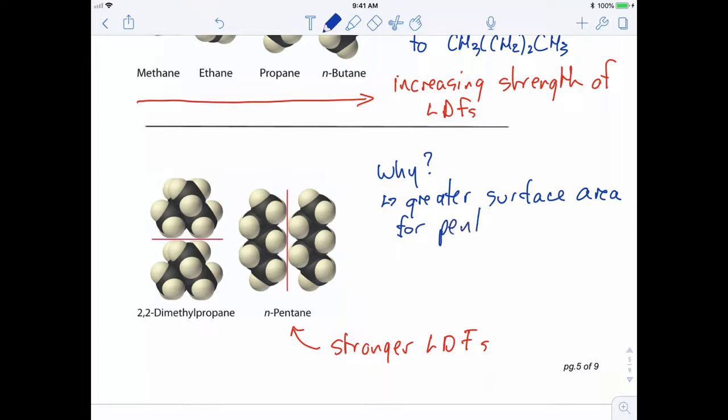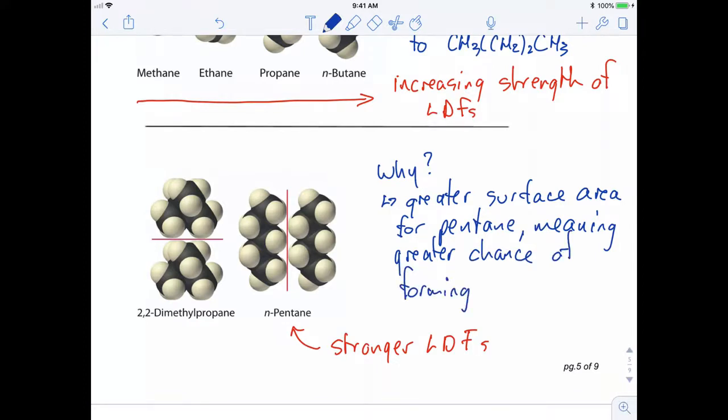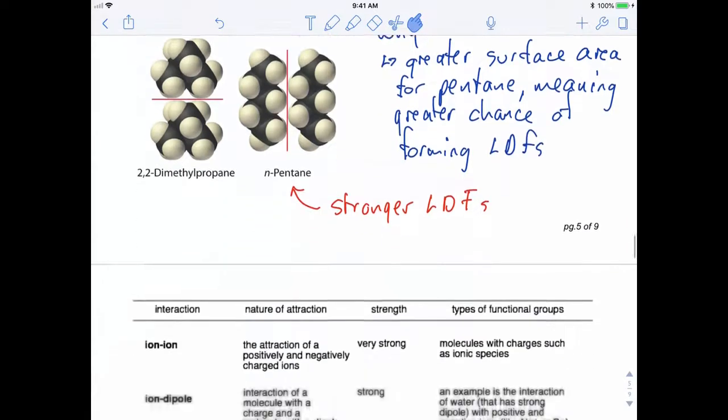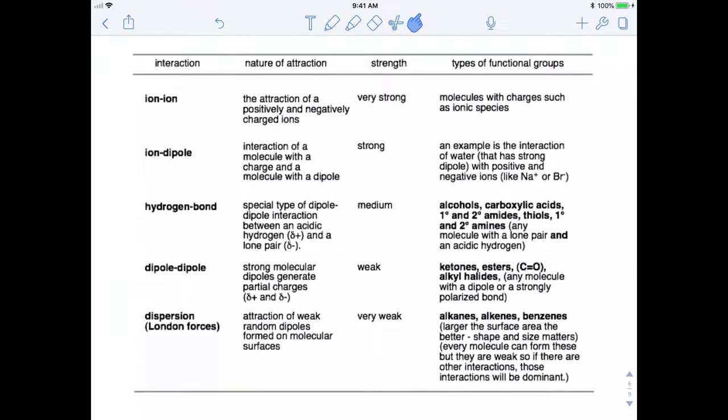And why are the dispersion forces stronger? It is because pentane has a greater surface area, meaning there's a greater possibility of establishing London dispersion forces along that chain. With 2,2-dimethyl propane, which is essentially spherical, there's only a few points of contact for London dispersion forces.